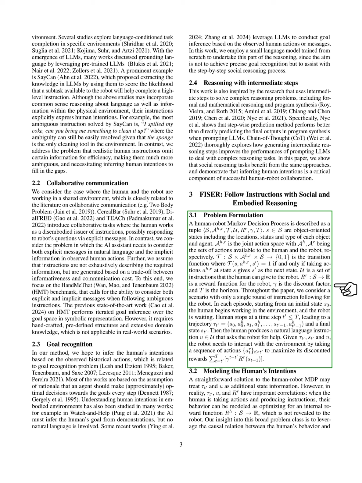Finally, we formulate our problem as a human-robot Markov decision process, which includes states representing objects and agents, a joint action space for both human and robot actions, and a transition function that defines how actions lead to new states. We consider a scenario where the robot follows a single round of instructions.